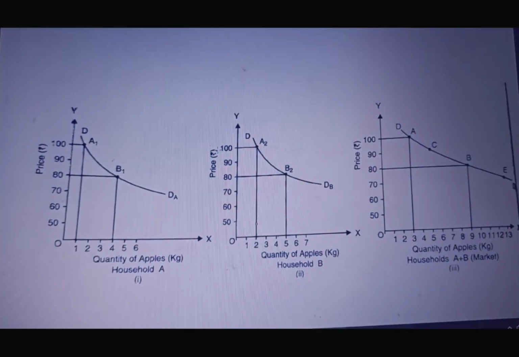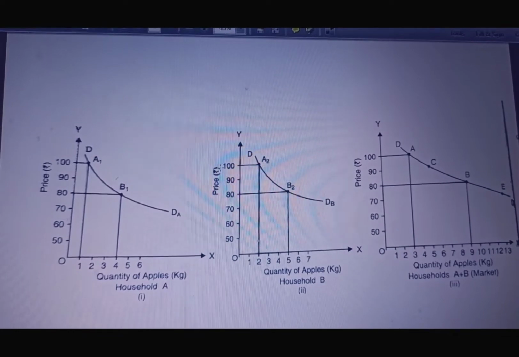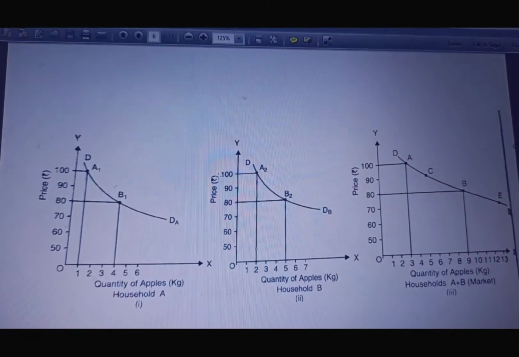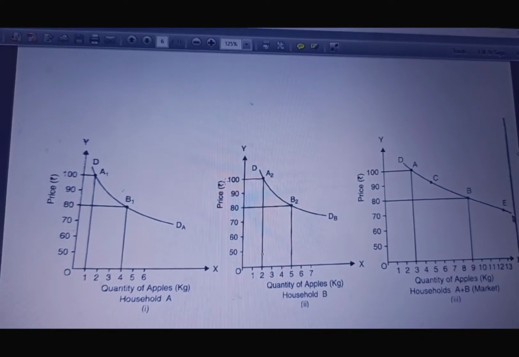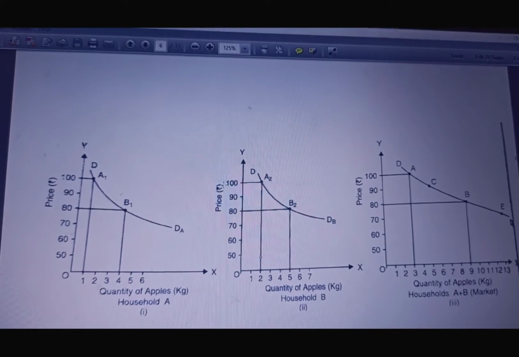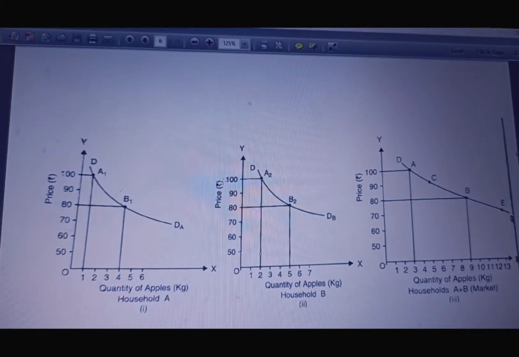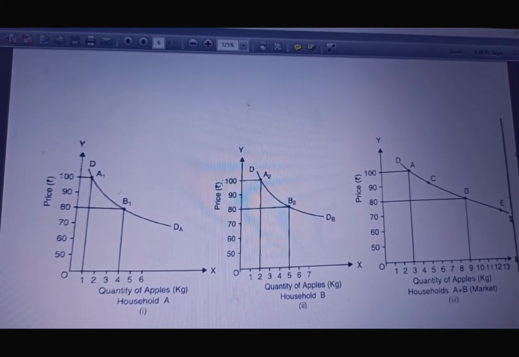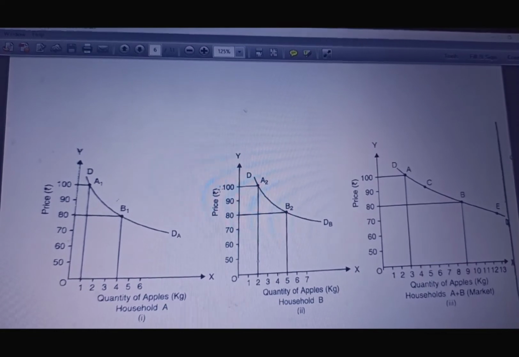Now the question is how to make the market demand curve. We take price in rupees on the y-axis and quantity demanded on the x-axis. Market demand at 100 rupees is 1 plus 2 is equal to 3, so 3 kg is demanded at 100 rupees. Then at 80 rupees we have 9 kg, and at 70 rupees we have 13 kg.